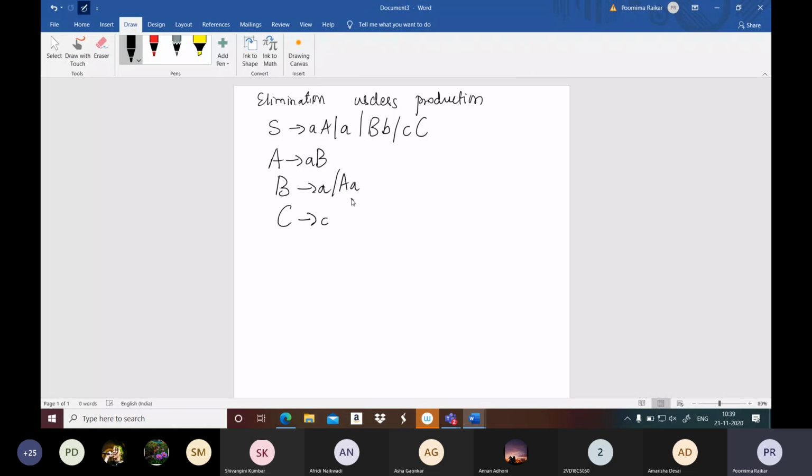Small c is terminal, then capital C is also given. Next is A, and D with this. So you have to eliminate useless productions.